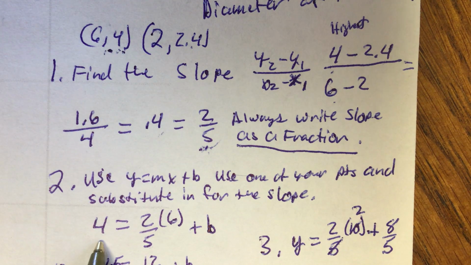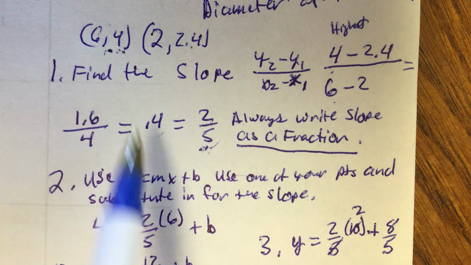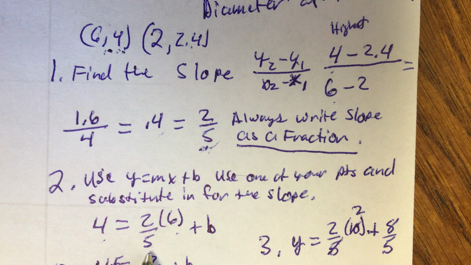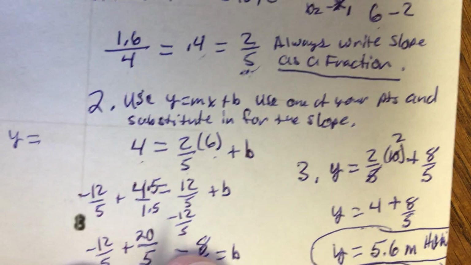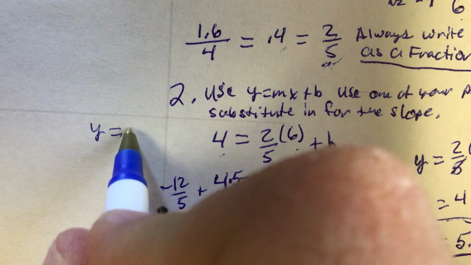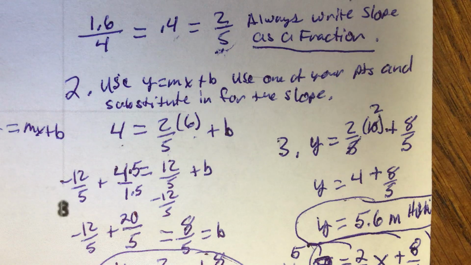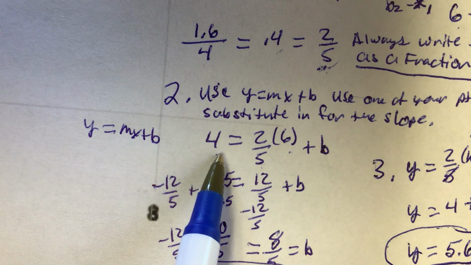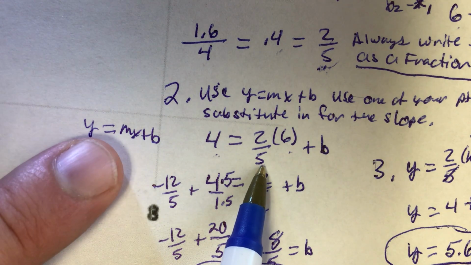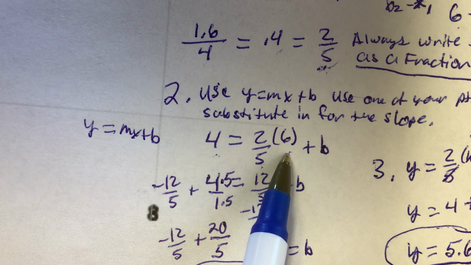So the y value is 4, the x value is 6, and the slope is this. Using the equation y equals mx plus b, my y value is 4 equals the slope 2/5 times the x value, 6.